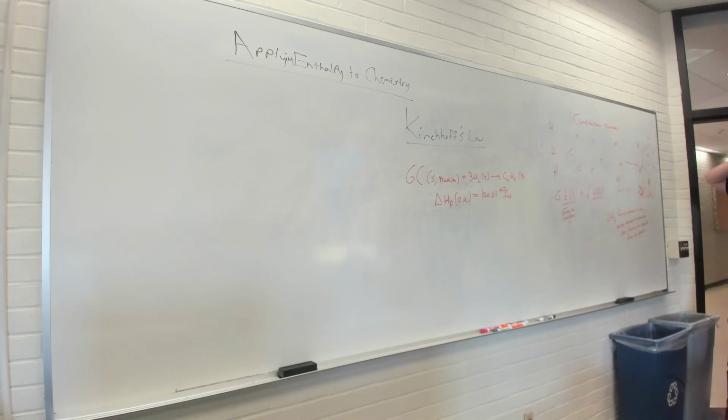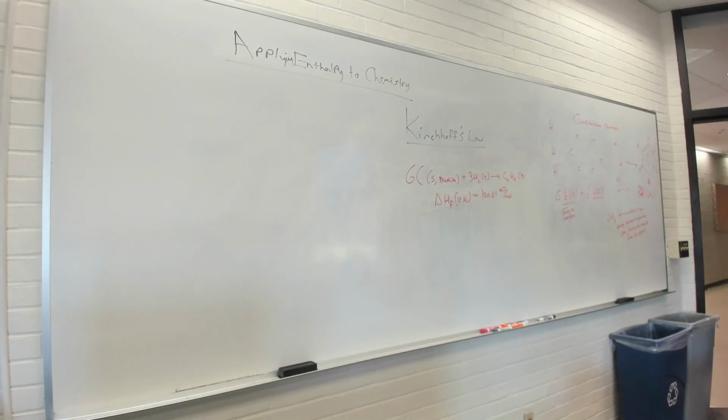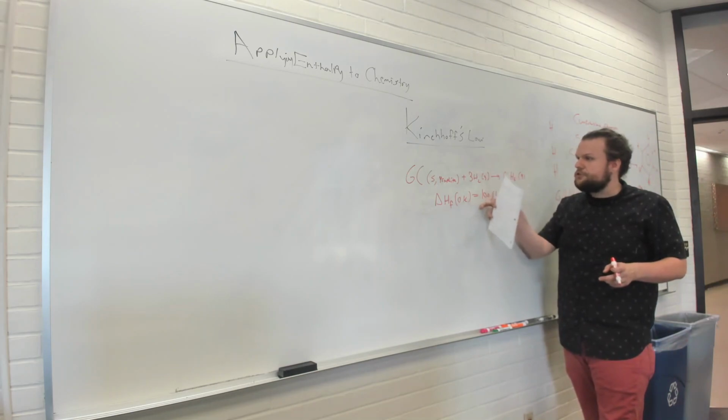A computer can do that using quantum mechanics. That's the whole point of quantum mechanics. One of the reasons, there are many reasons we use quantum mechanics, but one of the powers of quantum mechanics is that you can calculate the energy of any molecule. And so the energy of formation is just the energy difference between the atoms and this at 0 Kelvin. So it's a useful number because we can calculate it. We can predict it using computers.